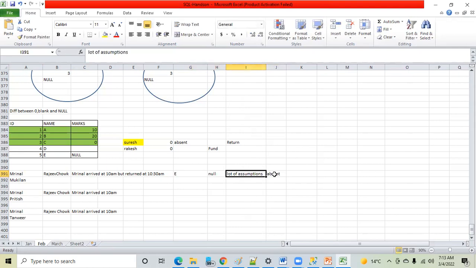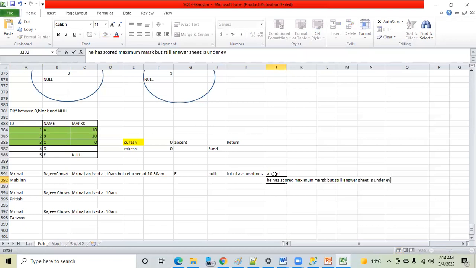Maybe he has scored maximum marks, meaning he was the topper, but still it is under evaluation, correct? Or maybe he was debarred from the exam because he was cheating.